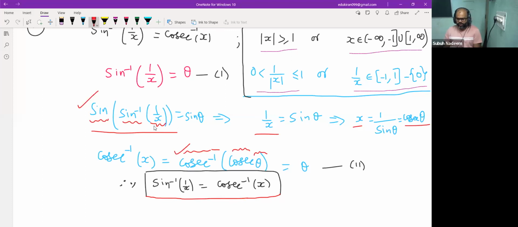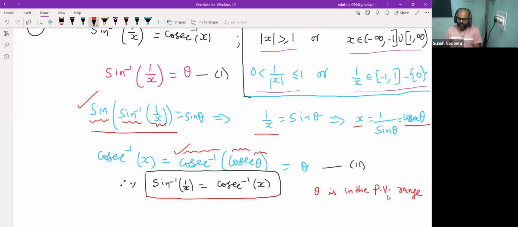So it is not a similar type of activity going on. If theta is any angle, then cosec theta gives you a value, and then cosec inverse of that value gives you the angle theta. But what we keep in mind is that cosec inverse and cosec will cancel if theta is in the principal value range, as we discussed in yesterday's class.